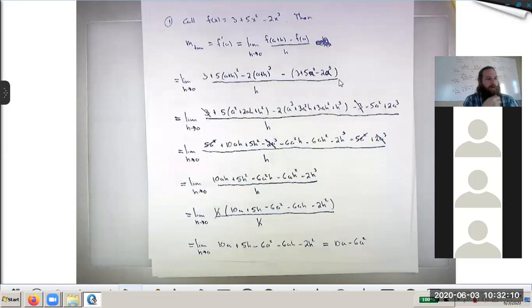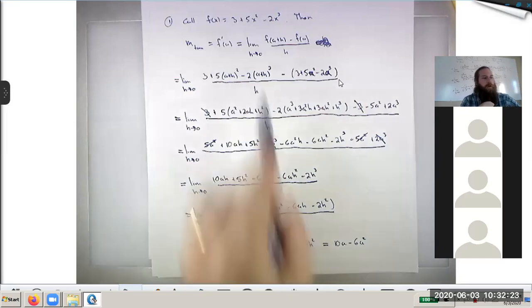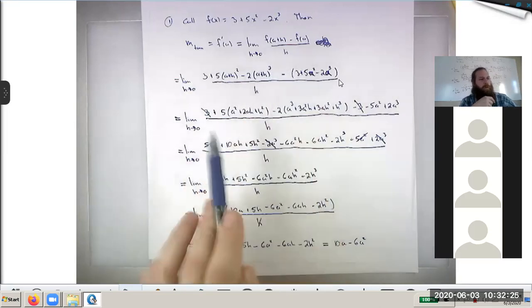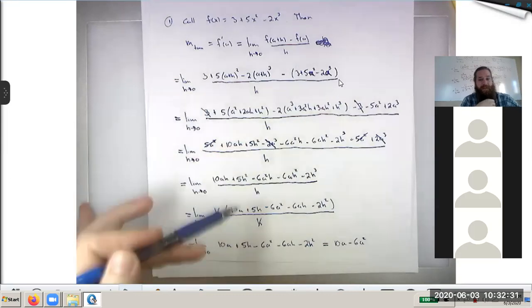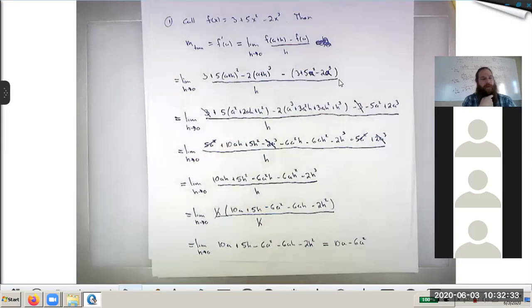It's just tedious, but that's the same definition that we've been using. I could have used the other definition here, but for this particular problem, the algebra is nicer if we do it like this. It's still pretty unpleasant, but it would be more unpleasant with the other definition. Other questions on what we did here?